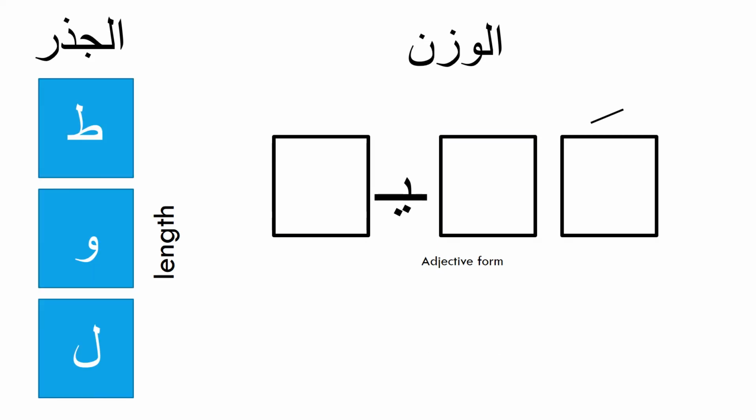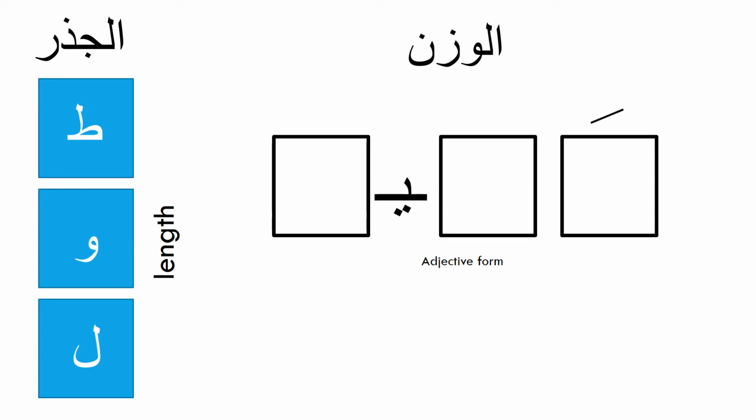We can do the same thing with other roots in the very same wazn, creating different adjectives with different meanings based on the meaning of the root. So here our root, our jadr, is ta, wa, la, which has to do with length. One of my favorite words is la tatawul. Don't spend a lot of time. Don't lengthen the time it takes to do something. We know the word tawila, which is a long, tall thing.